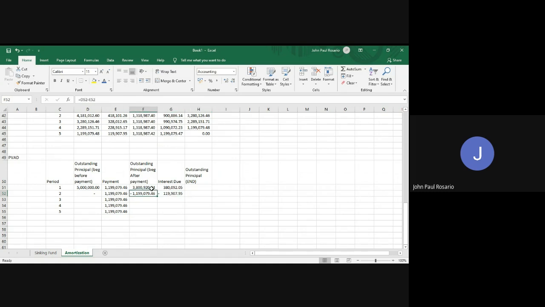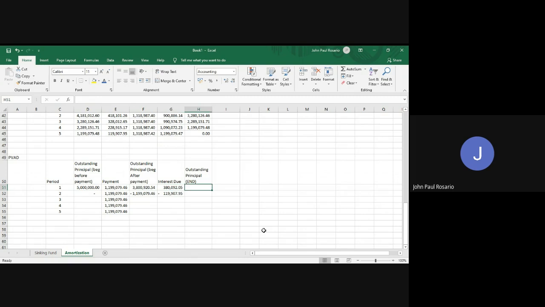Okay. So again, let's recap. So our liability is 5,500. Then we paid in at the very start this amount, 1,119,907.46. So thus our outstanding principal beginning after payment is this amount, from which our interest is based.